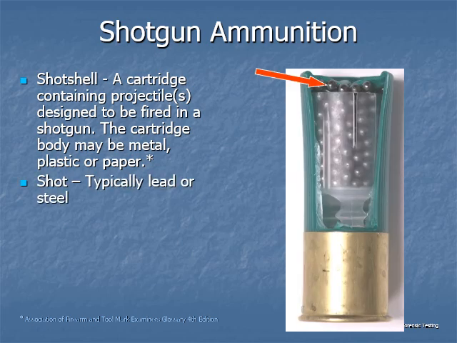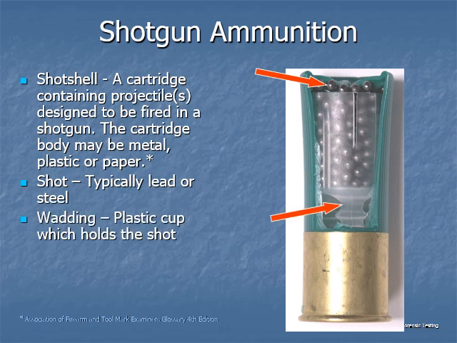But if you cut this away, what you see inside is a bunch of little pellets or pebbles. It can be lead, steel, bismuth, any kind of different material. And this thing right here is a little cup that gets shot, and this plastic cup is known as the wadding.